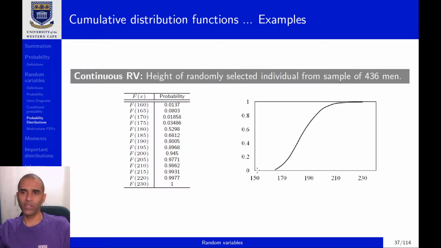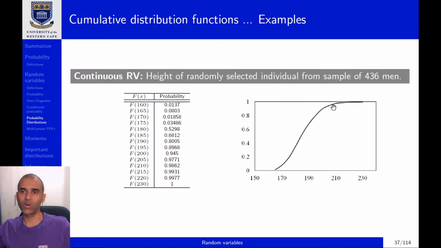So we start out with very low probability of extremely short men, and as we accumulate the probabilities, as we move up in height, we observe quite a steep increase in probability for moderate or average height, and then as we move up to extremely tall men, we again observe a flattening of the cumulative density function here.